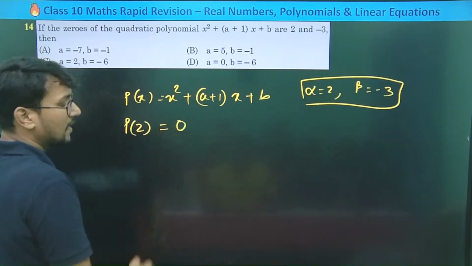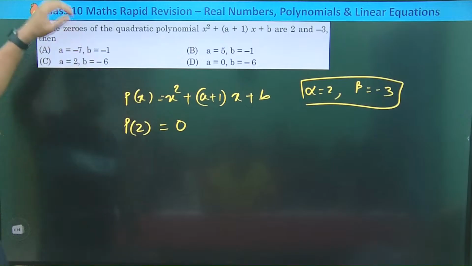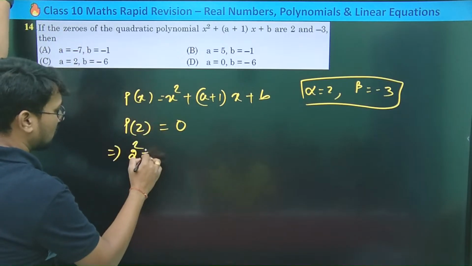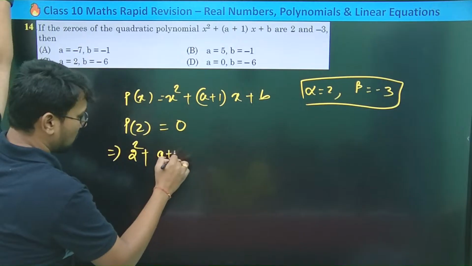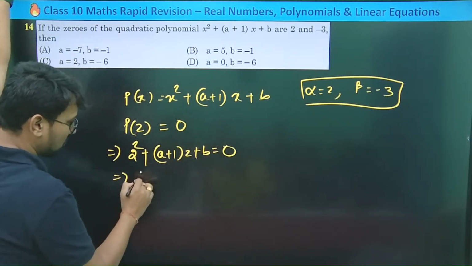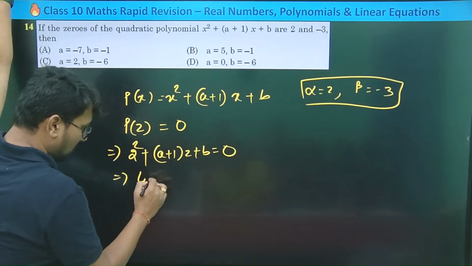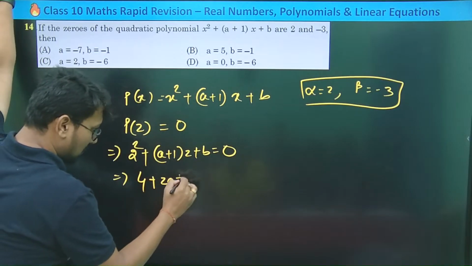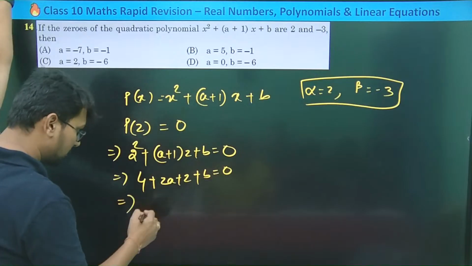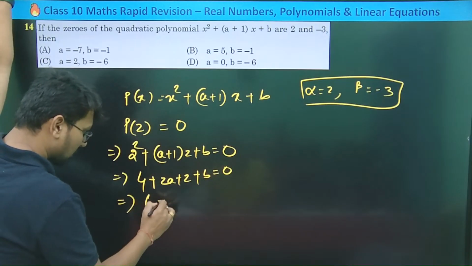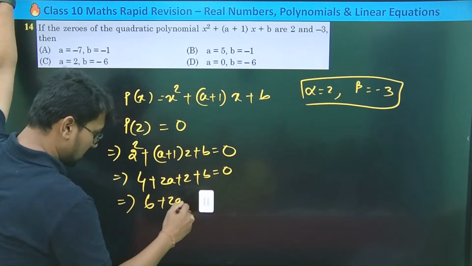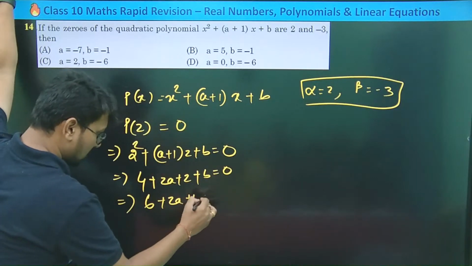Therefore p of 2 is 0. So 2 square plus a plus 1 into 2 plus b equals 0. That is how much? 4 plus 2a plus 2 plus b equals 0, so 6 plus 2a plus b equals 0.